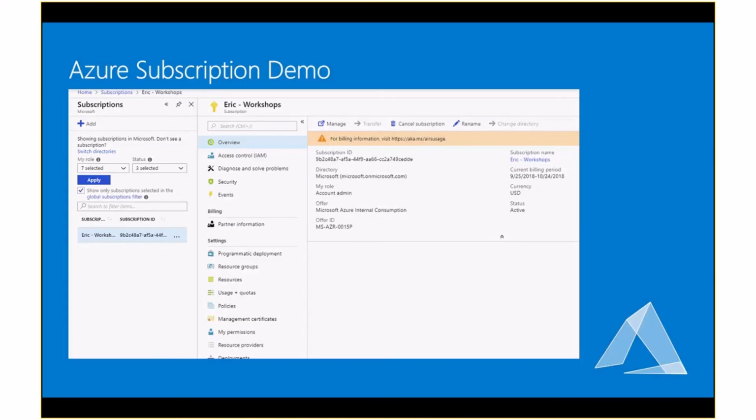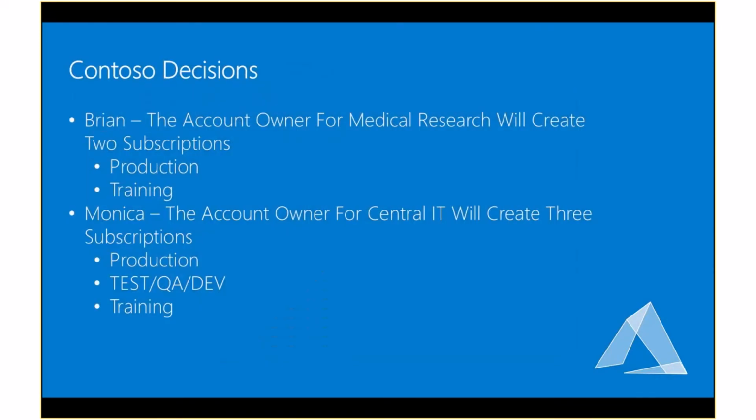Okay, so let's talk about what Contoso has decided to do based on what they've learned about subscription management and best practices. If you remember, we have Brian, who is an account owner for the medical research department, and Monica, who is an account owner for Central IT. So Brian has decided that he's going to create a production subscription and a training subscription.